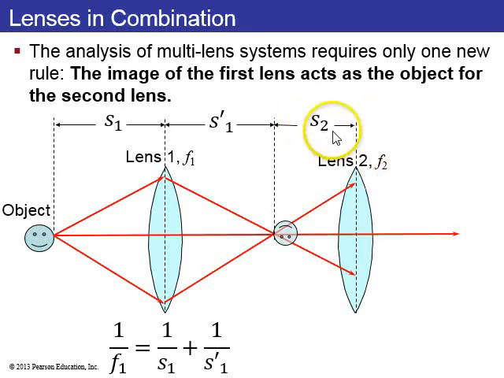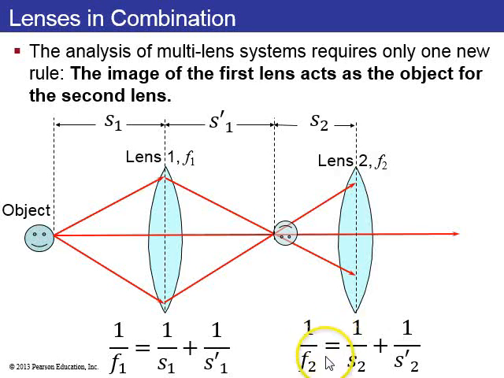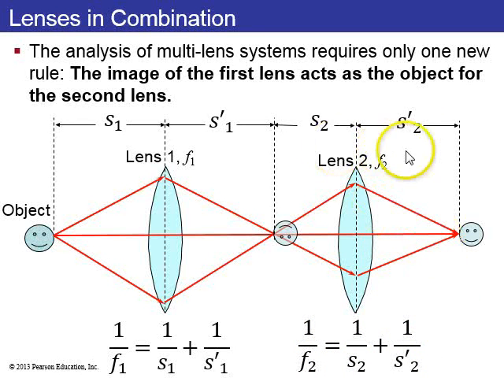So I call it s2, without the prime, the object distance of this new object for lens 2. And we can use the thin lens equation for lens 2 to find s2 prime, the image distance for lens 2. And that's essentially how you use multiple lenses. And there are some examples of that in the textbook that I'd like you to look over.